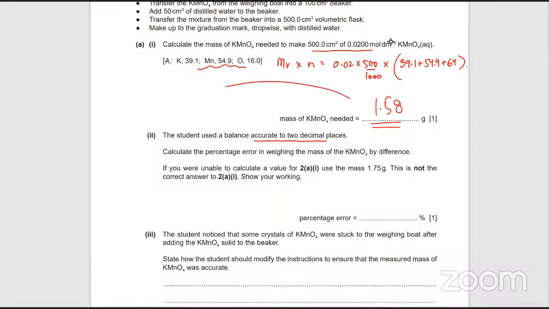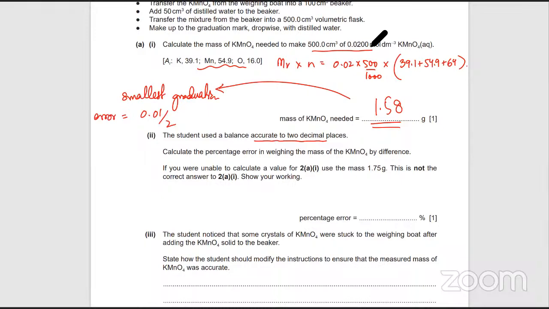So your 2 decimal place वाला जो balance है ना, a 2 decimal place balance has a smallest graduation of 0.01. What is your error then? Error क्या होगा? Divide by 2. ठीक है? Error is the smallest graduation divided by 2, right? So that's your error in one reading.